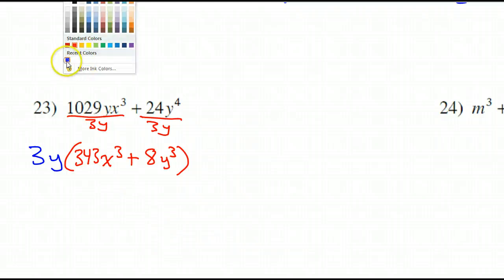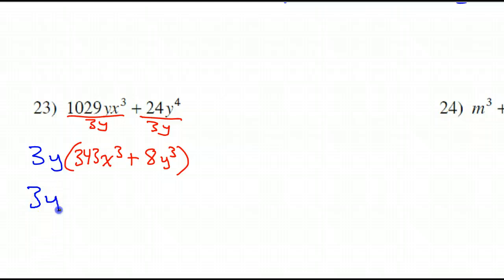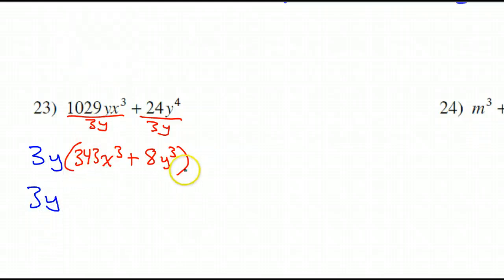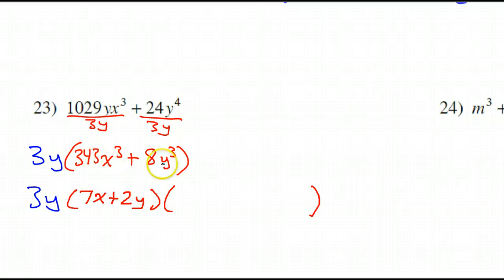So as we do this, I will keep the 3y. That's not going anywhere. Bring that down. But this sum of 2 cubes part, once again, I'm going to factor that as a binomial and a trinomial. 343, okay, so that'll be 7x plus 2y. Root, root, root, root.